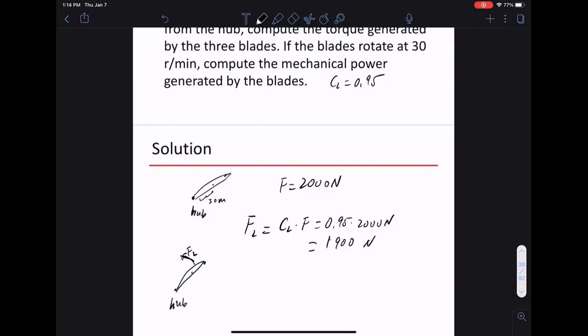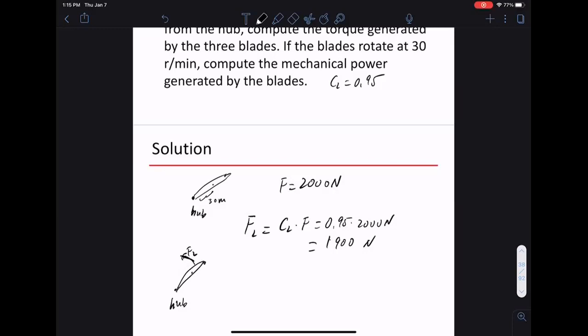Remember the equation relating force to torque? Is it the lift times the distance from the center? So this is the lift, the force times how long your blade is, to the center of mass.